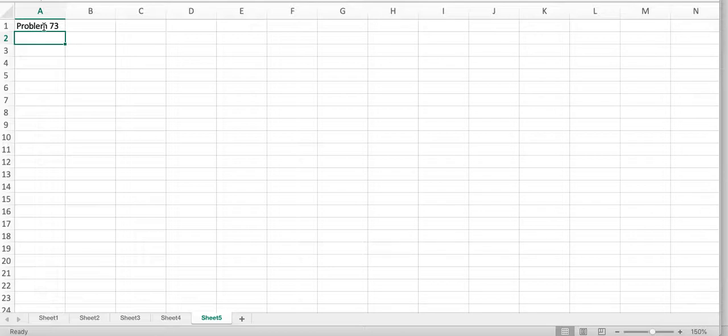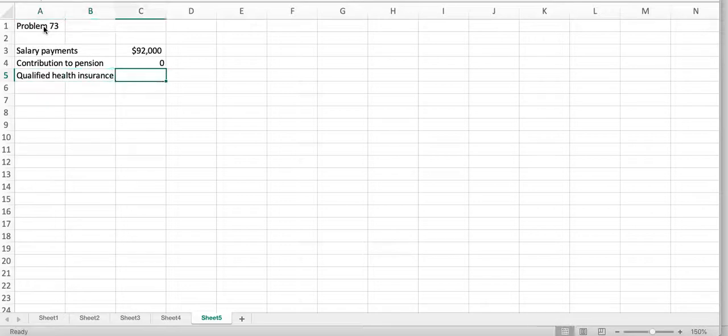And so as we look at these different items, first of all, we look at the salary payments, and again we're saying, is this gross income according to the Internal Revenue Code? And yes, this is $92,000. Salary is. Contributions to pension, no. Qualified, being the key word, qualified health insurance premiums, and most jobs now do offer you health insurance.